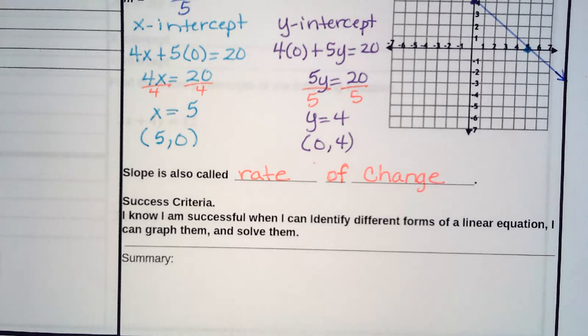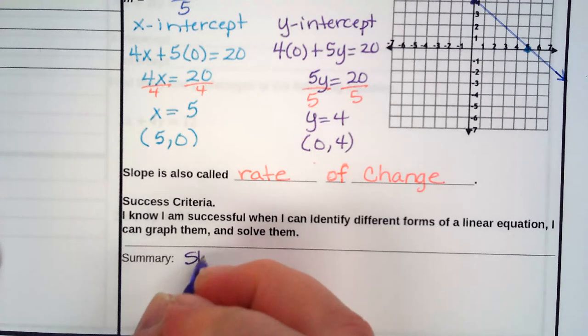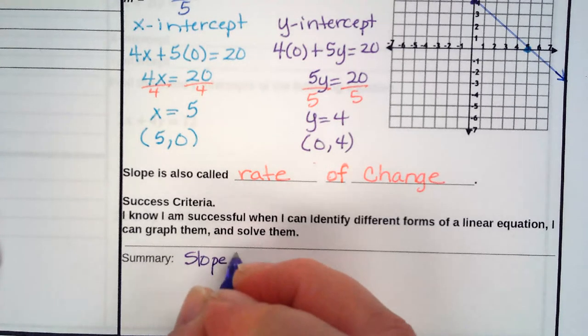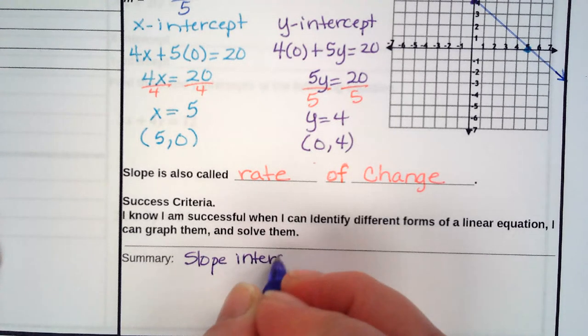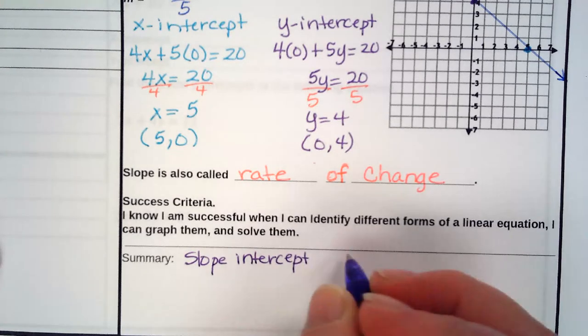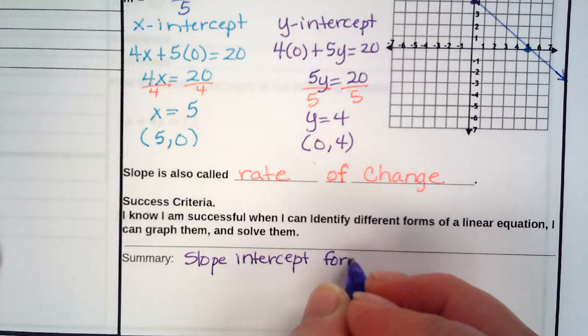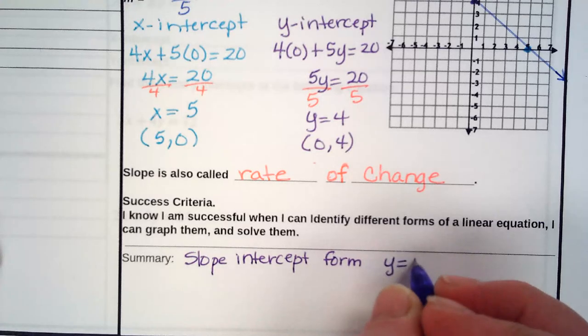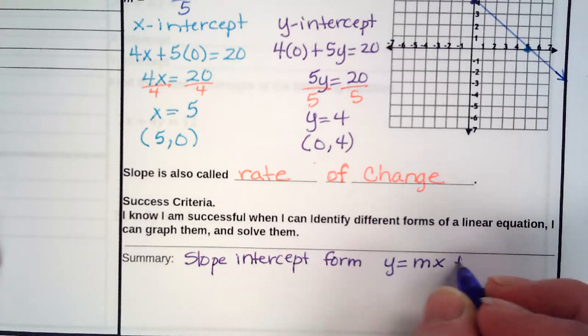So, how do you know when you're successful? You know when you're successful when you can identify the different forms of linear equations, when I can graph them, and when I can solve them. So today it is slope-intercept form. Remember that is y is equal to mx plus b.